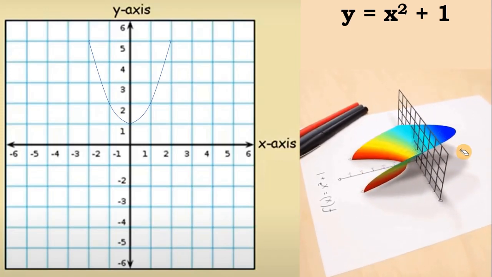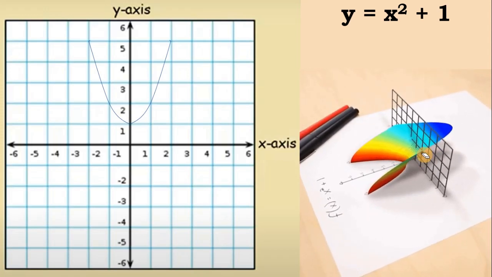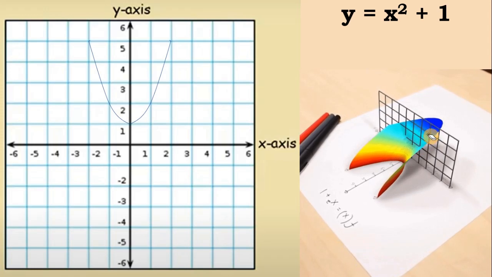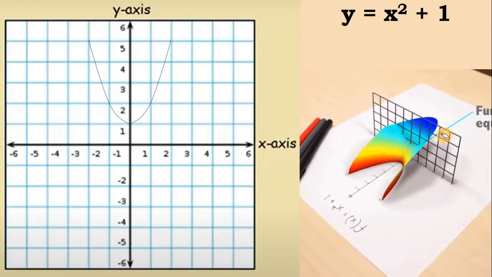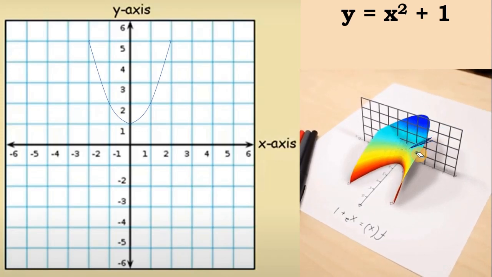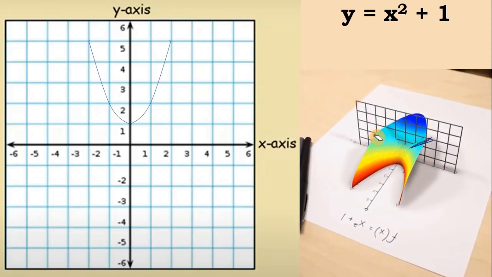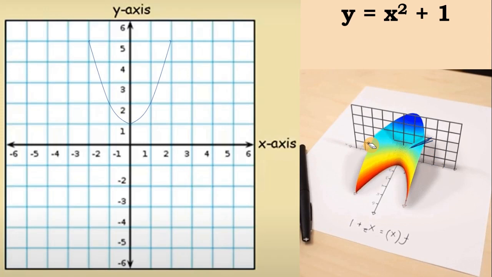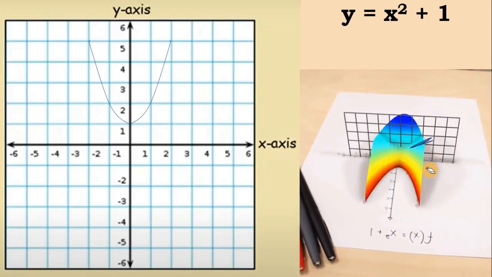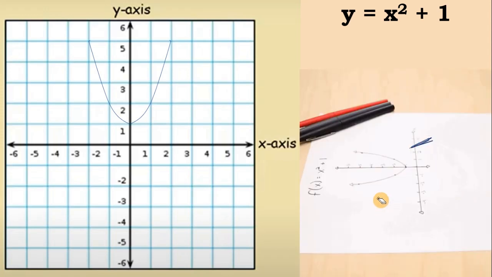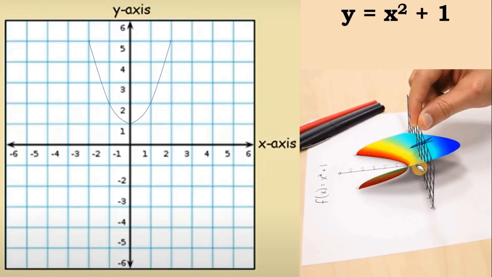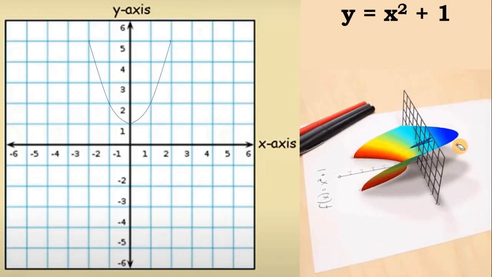When it gets extended, you can see that it comes to a third plane where it now crosses the x-axis. At this point it crosses the x-axis. You can see this is our graph, the graph which we drew, and we extended it towards the third axis.